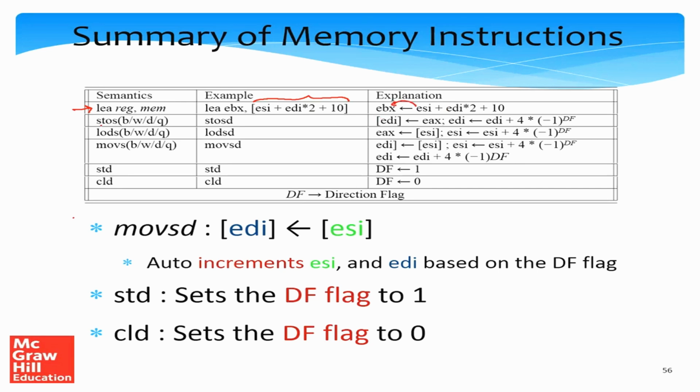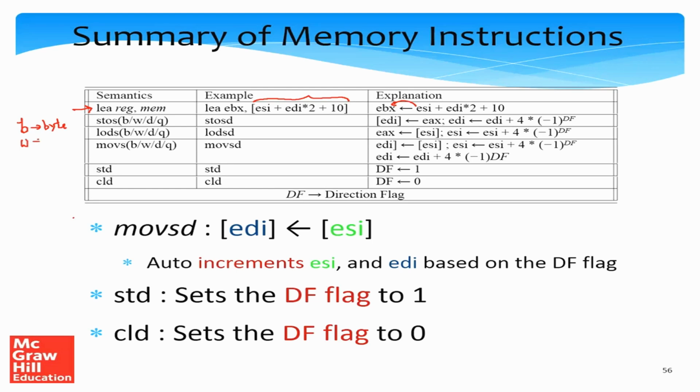Subsequently, we introduced STOSD. It is part of a set of 4 instructions, which are STOSB, STOSW, STOSD and STOSQ. You already know what these stand for. B stands for byte, which is 8 bits.